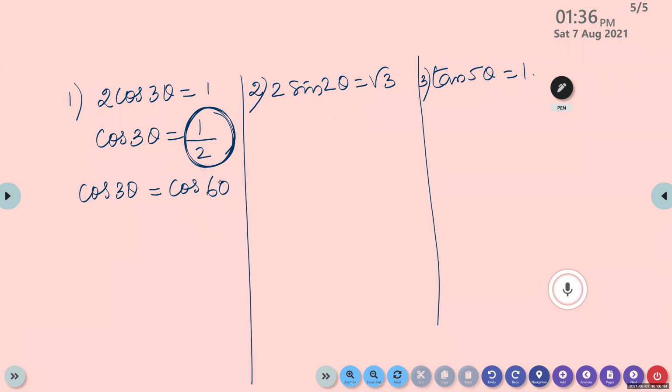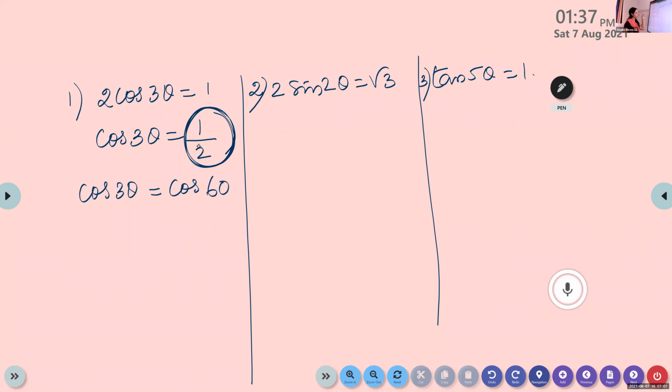Is it correct? Children, the question is find theta, and the question is 2 cos 3 theta is 1. So we take 2 to the other side, it becomes by 2. So we get cos 3 theta is equal to 1 by 2. Now, in LHS we have cos, so in RHS also we should write that 1 by 2 in terms of cos.